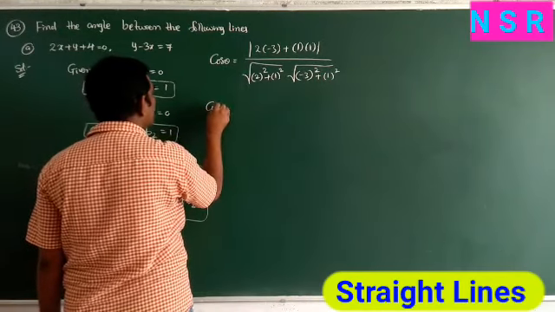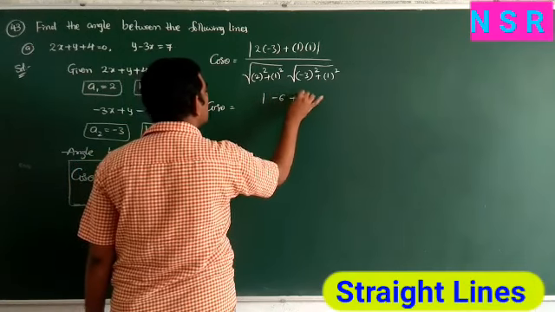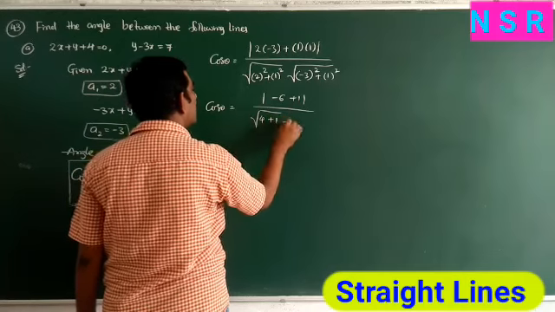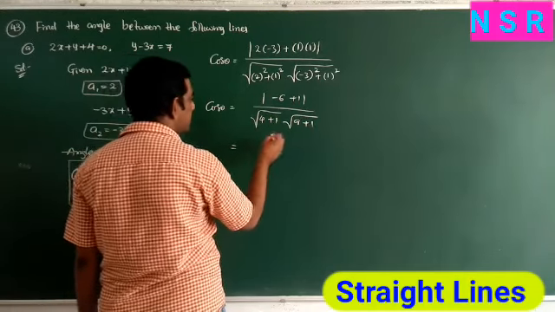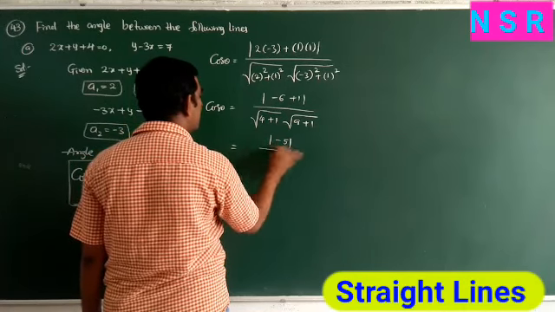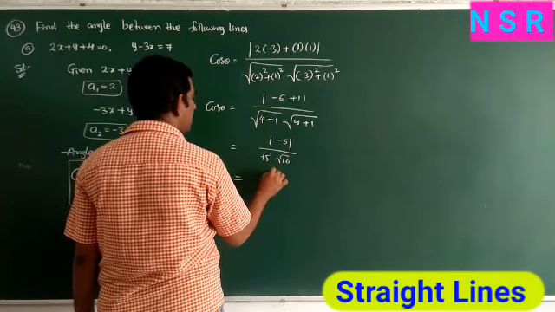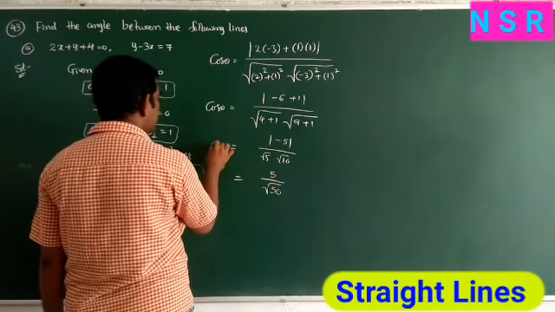Now cos theta is equal to mod of 2 into -3 is -6, plus 1, by square root of 2 square 4, plus 1 square 1, into -3 square 9, plus 1 square 1. Now -6 plus 1, mod of -5, by root 5 into root 10. So mod of -5 is 5, by root 5 into root 10, which is root 50. So this is cos theta.